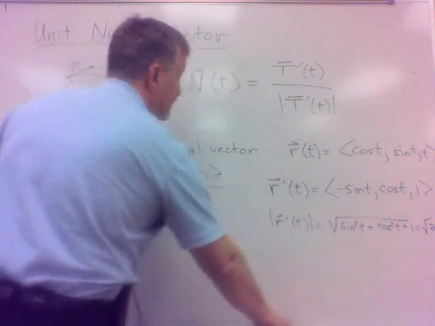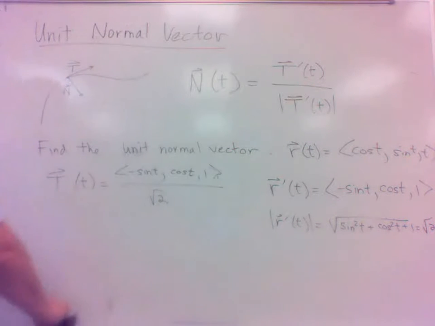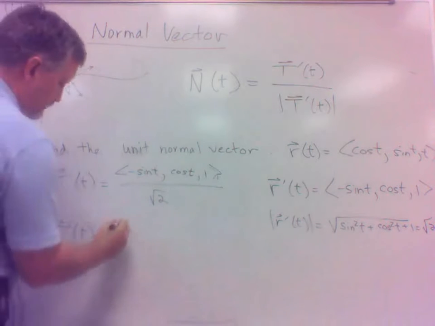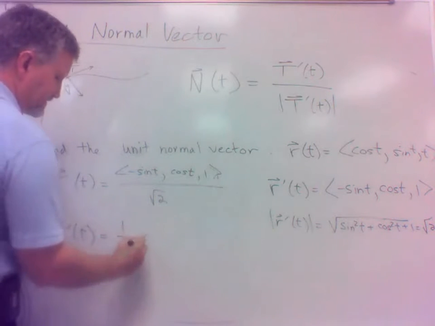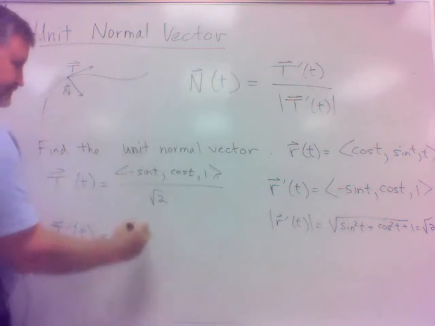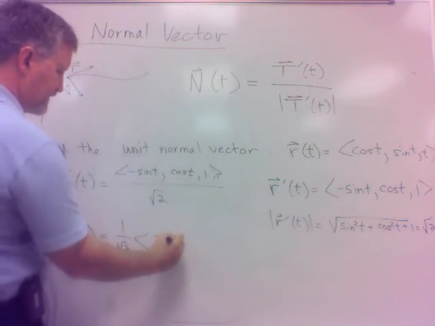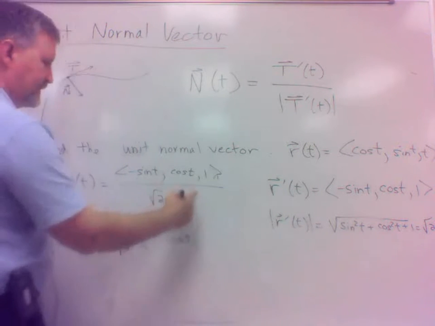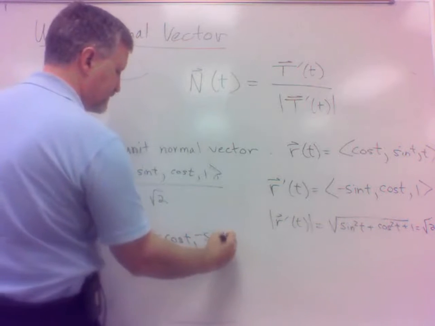What I do need, though, is the derivative of that. Not too hard. It's just 1 over the square root of 2, a constant, so we just take the derivative of the rest: negative cosine t, negative sine t, and 0.